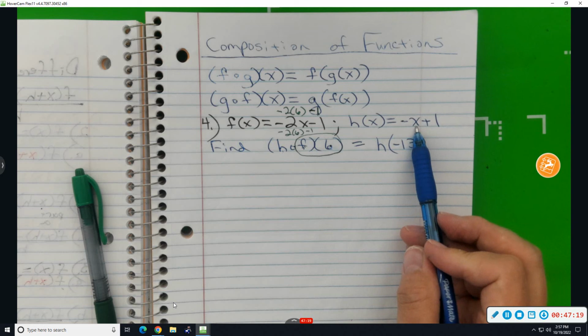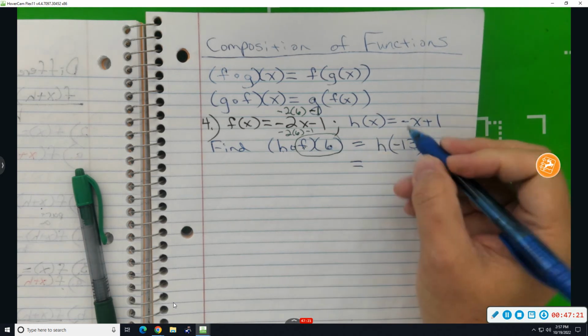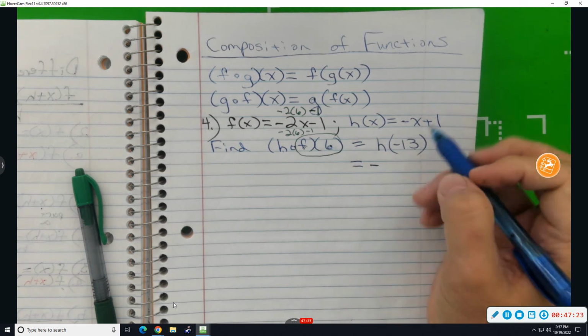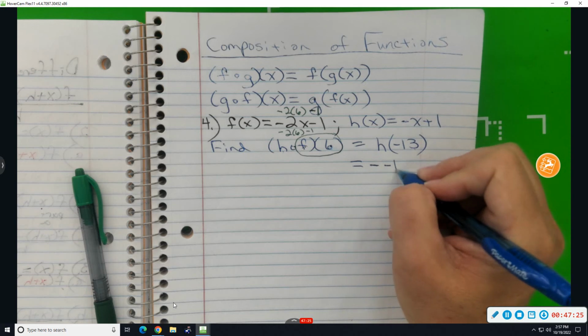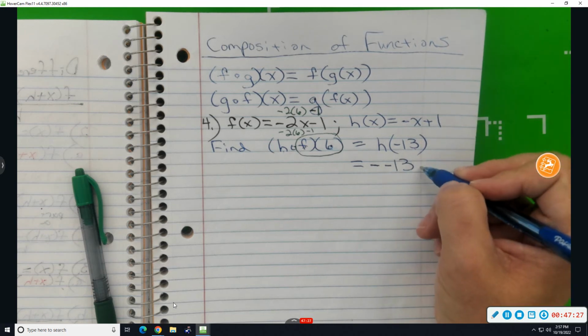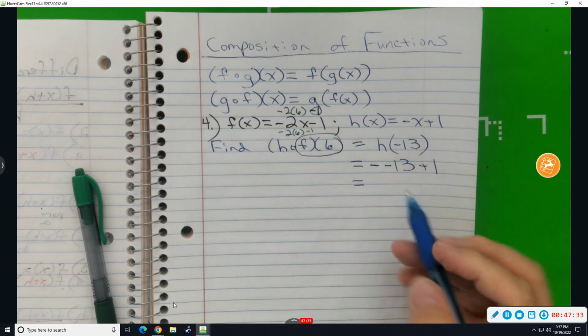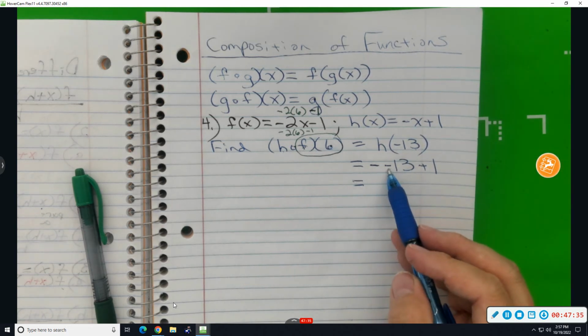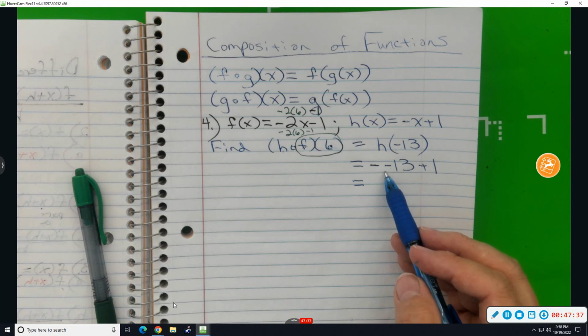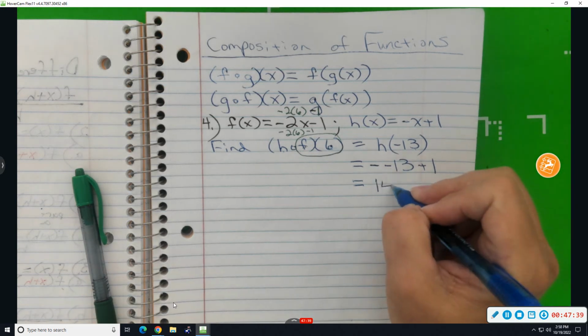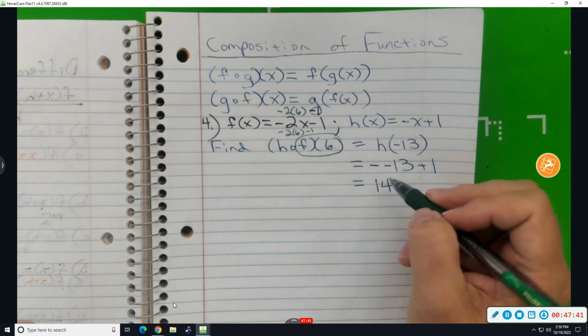So we go up here. We have a negative. Replace the x with the negative 13. What else do we still have here? The plus 1. So the opposite of negative 13, we know that's positive 13, plus 1 gives me a final answer of 14.